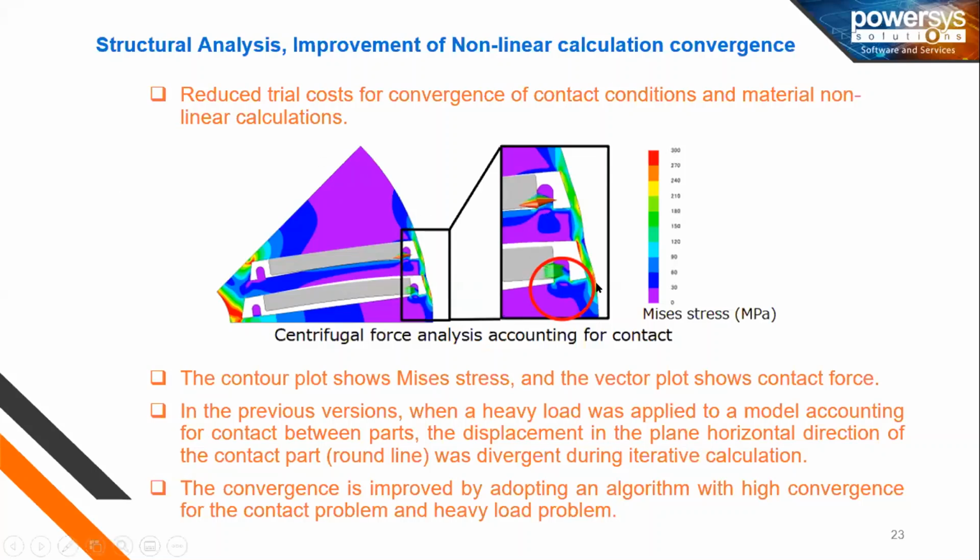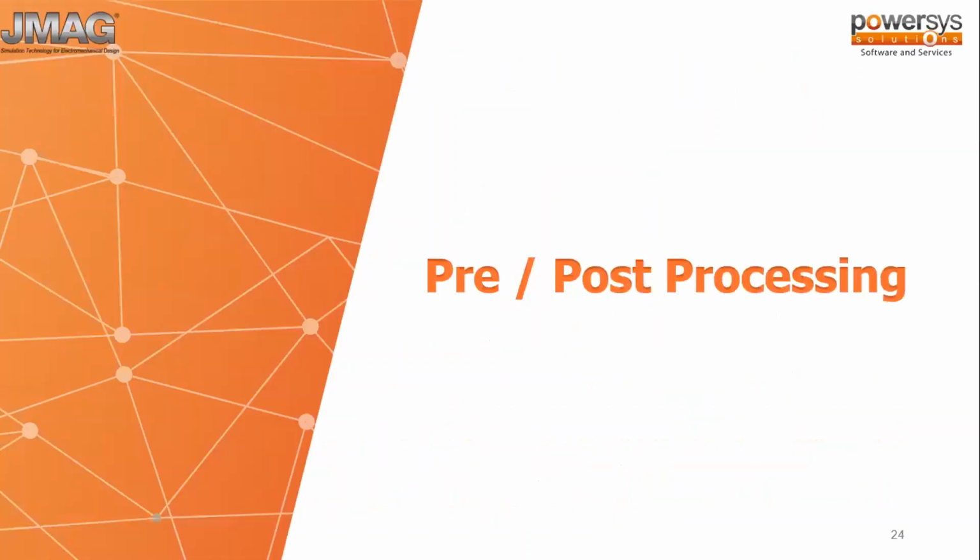Prior to version 21, there may not be convergence in the part shown in the circle. But in version 21, due to the high convergence algorithm, the convergence issue is drastically reduced. That is one of the features added in version 21. This is related to multiphysics.